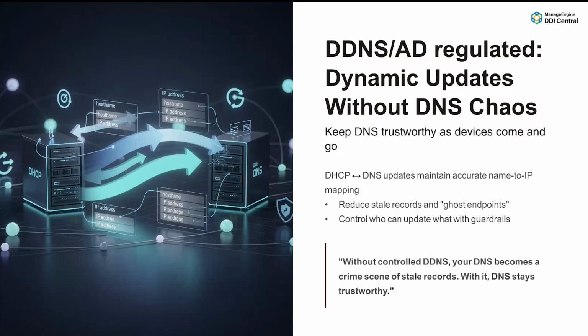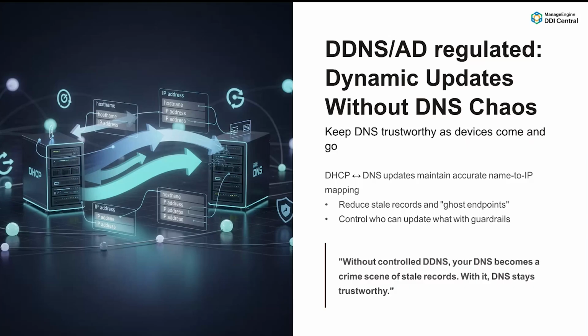With every update in your DNS, when a user joins the network, they also get an IP address as well as a host name. All this has to be done automatically, and you cannot be waiting for an admin to do everything. So we have dynamic DNS and AD-regulated domains for that. They take over these automations, and these automations are trustworthy as devices come and go.